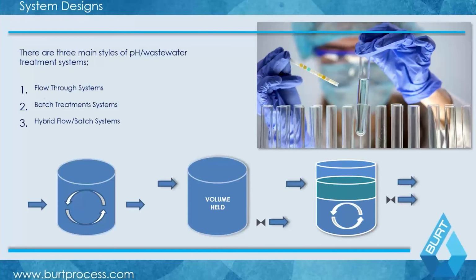This is either done by having some built-in freeboard in the neutralization system itself, or diverting back to an out-of-spec tank or an equalization tank located supporting the system. Hybrid flow-through batch systems are, by and large, the most common system utilized in industry because they allow you to treat the largest flow rates as well as the largest variation in waste coming into the system.